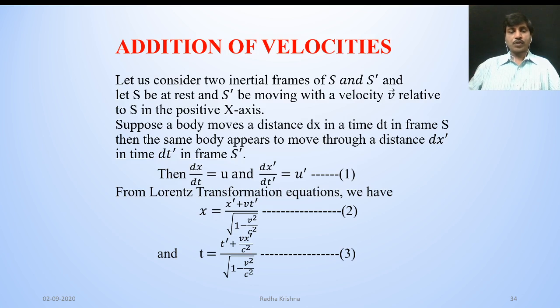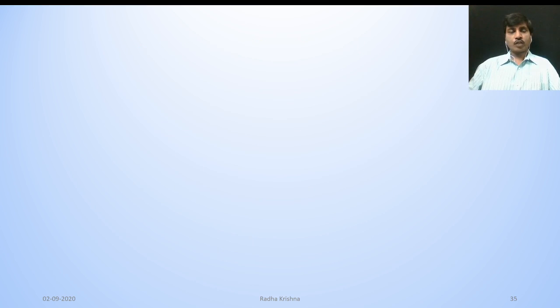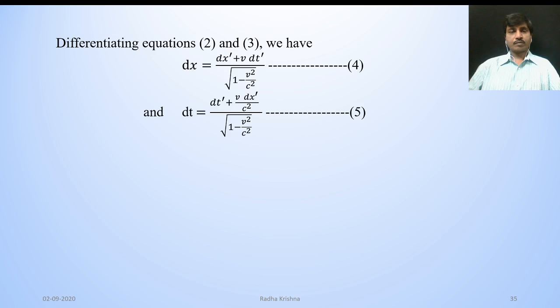Differentiating equation 2 and equation 3, we get dx is equal to dx dash plus v into dt dash by square root of 1 minus v square by c square. That is equation 4. And dt is equal to dt dash plus v into dx dash by c square, whole by square root of 1 minus v square by c square. That is equation 5.